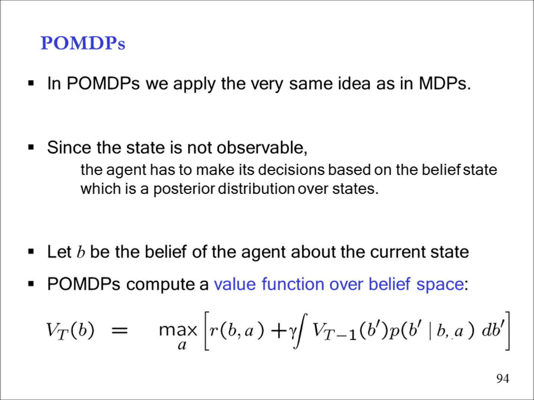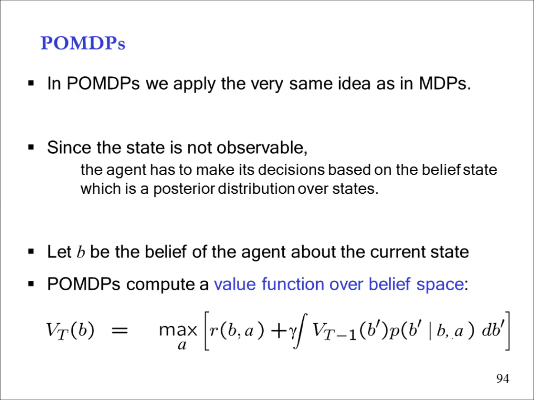So instead of computing a value for a state, I compute the value for a belief. And the equations are pretty much the same. Value of a belief is max over all actions, the immediate reward, plus gamma times the value of the next belief and the probability distribution and so on. But notice, what is the size of this belief space?